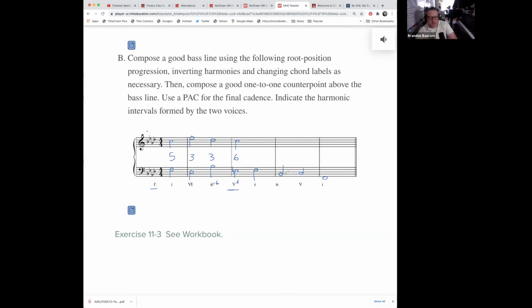Okay, next. A flat. A flat. Next. Four chord we need. F or B flat, D flat, F.